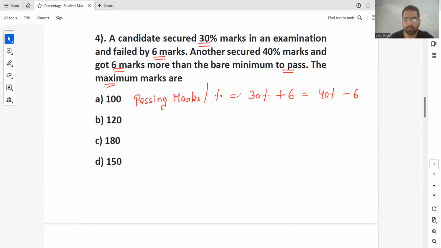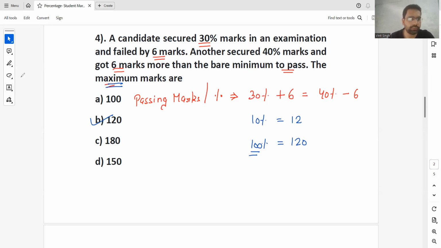Now by solving this equation, we will get 10% is equal to 12. And we have to find the maximum marks. So for the maximum marks, we want the 100% value. 10% is 12. So 100% is equal to 120. So 120 will be the right answer. Clear? You can directly find out everything, whatever passing percentage, passing marks, total marks by applying this method.